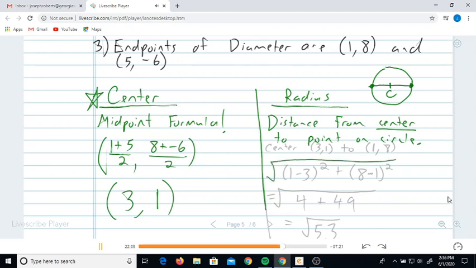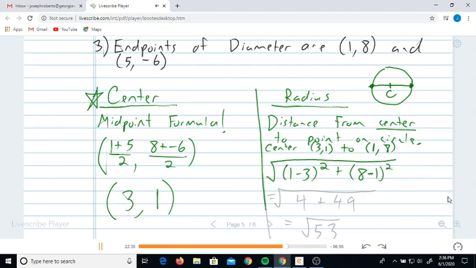So we apply the distance formula, and I'm just going to go from the center, which is 3, 1. We figured that out a few moments ago. To any other point on the circle, I'll just go the first one at 1, 8. So that's x2 minus x1, so 1 minus 3, quantity squared, plus 8 minus 1, quantity squared.